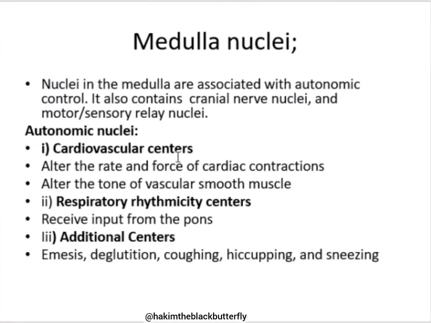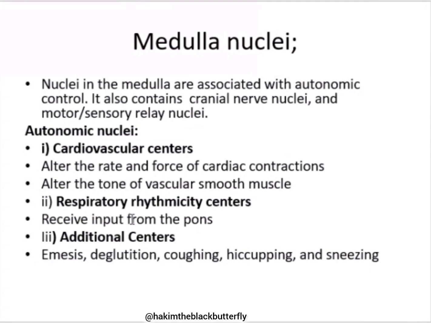The medulla oblongata is very important. You can imagine if the cardiovascular center and the respiratory rhythm center, which controls your breathing movements, are injured, that can lead to death. That is why when a person has injury to the brain stem, because the brain stem contains vital centers which control vital functions of the body, they will consider that person brain dead.